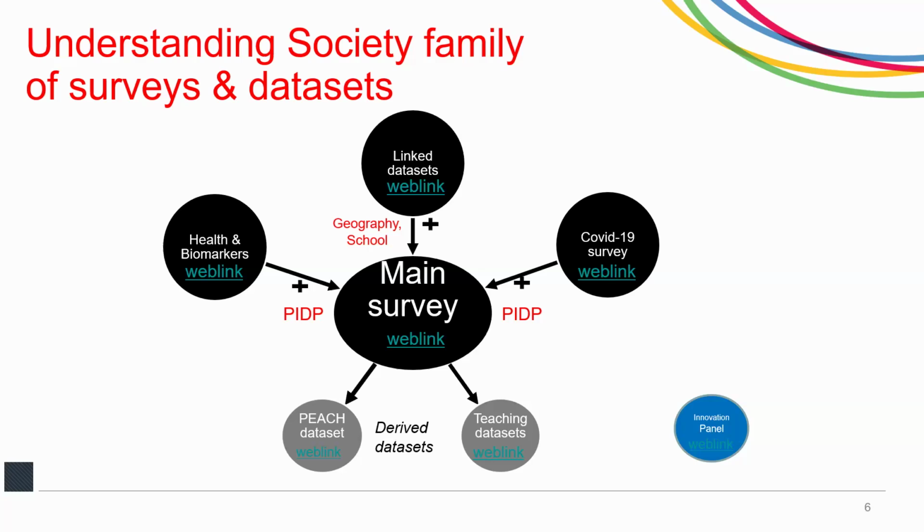Today, I'll primarily focus on linked datasets, but we also have separate datasets such as health and biomarkers, the COVID-19 survey that was done separately, early pregnancy and early childhood datasets, various teaching datasets, and also an innovation panel, which is our test bed for innovations for our study. All these things are accompanied with their own links, so you can read more about them in the presentation that will be sent to you.